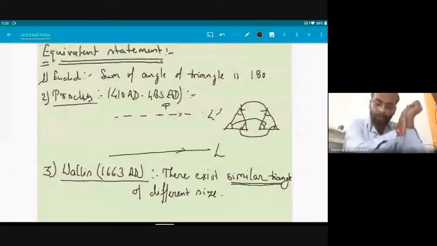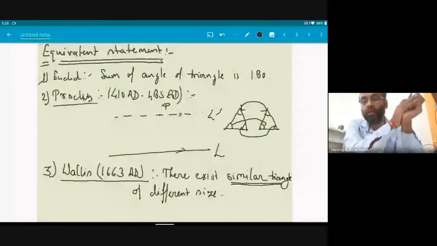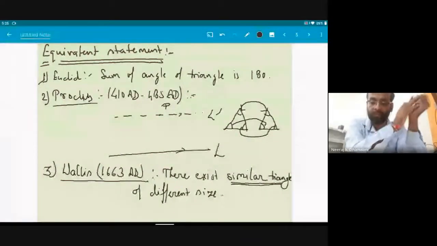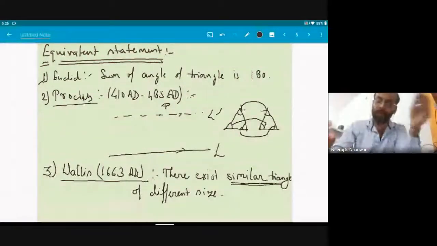Still the question was: were five postulates necessary to construct a geometry? Even more than 2000 years after Euclid, people were not ready to believe that these were all. So people came up with some more ideas.